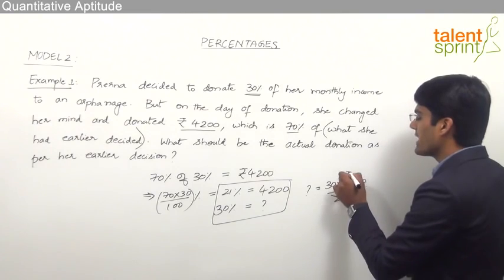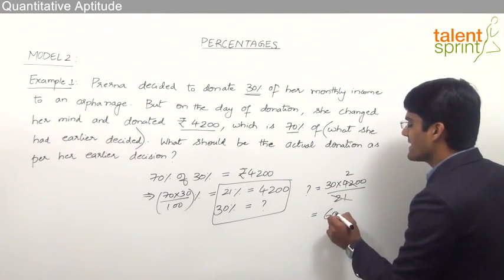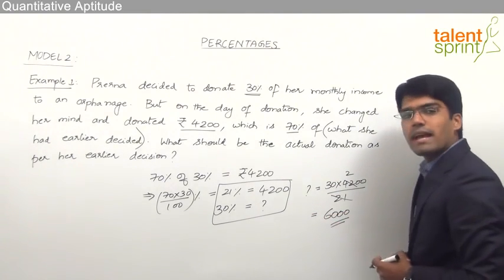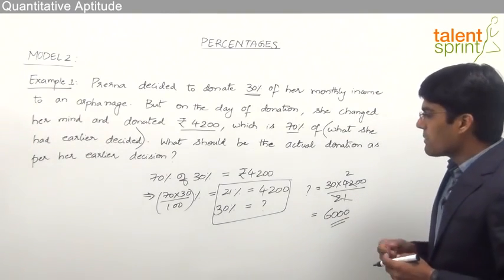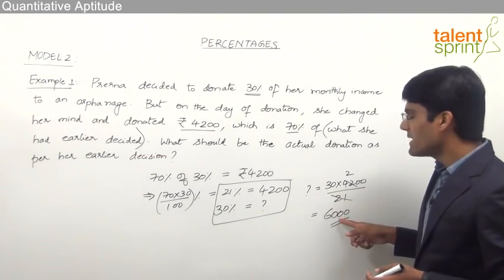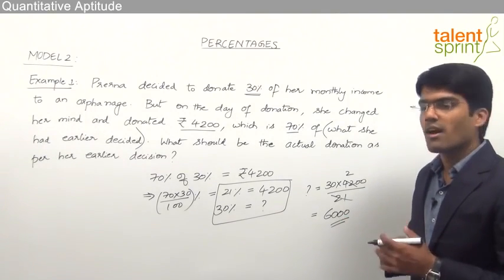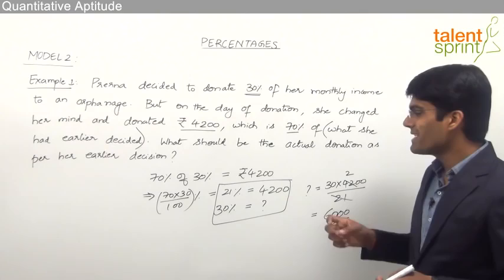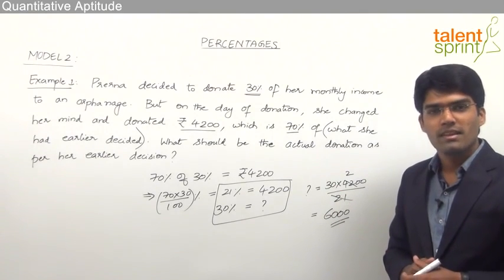Now this goes 2 times. So the answer here will be 6,000 rupees. So the actual donation has to be 6,000, but she has donated only 4,200, which is 70% of the actual donation. So this is how we can use percentage in solving such questions.